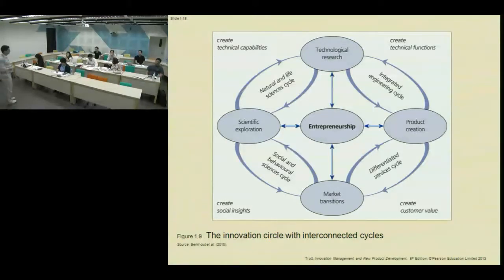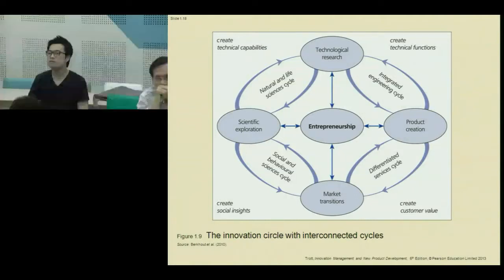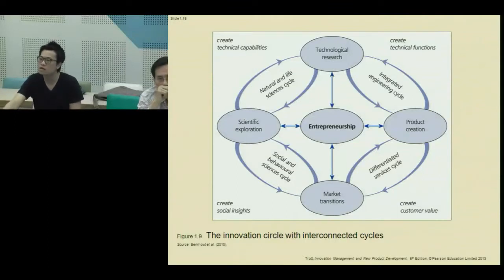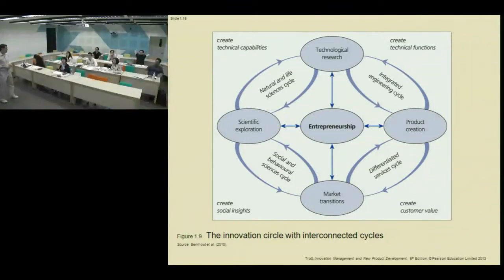The linkage between the market transition and product creation is to create more customer value. Yes. So it's going to be the benefit of the new product. The new attributes of the product actually deliver customer value. And we're talking about differentiated services.